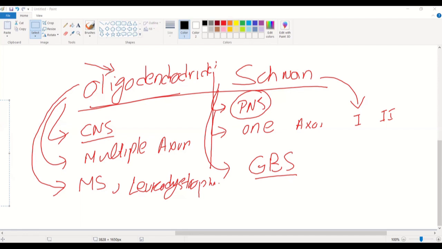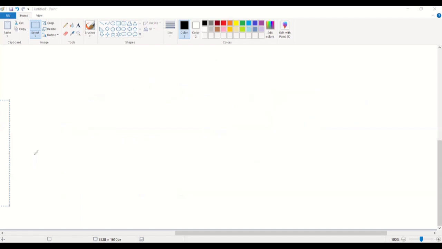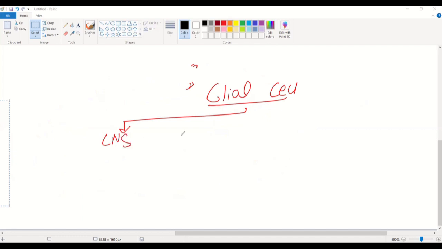Okay, one more thing. The glial cells are divided into two types: CNS glial cells and peripheral nervous system glial cells.